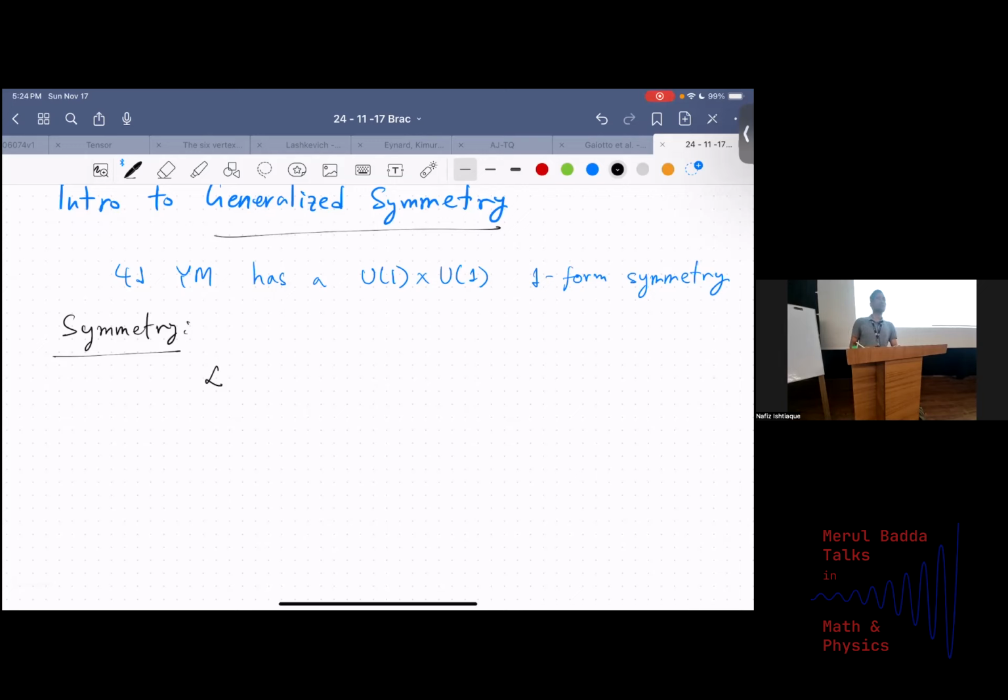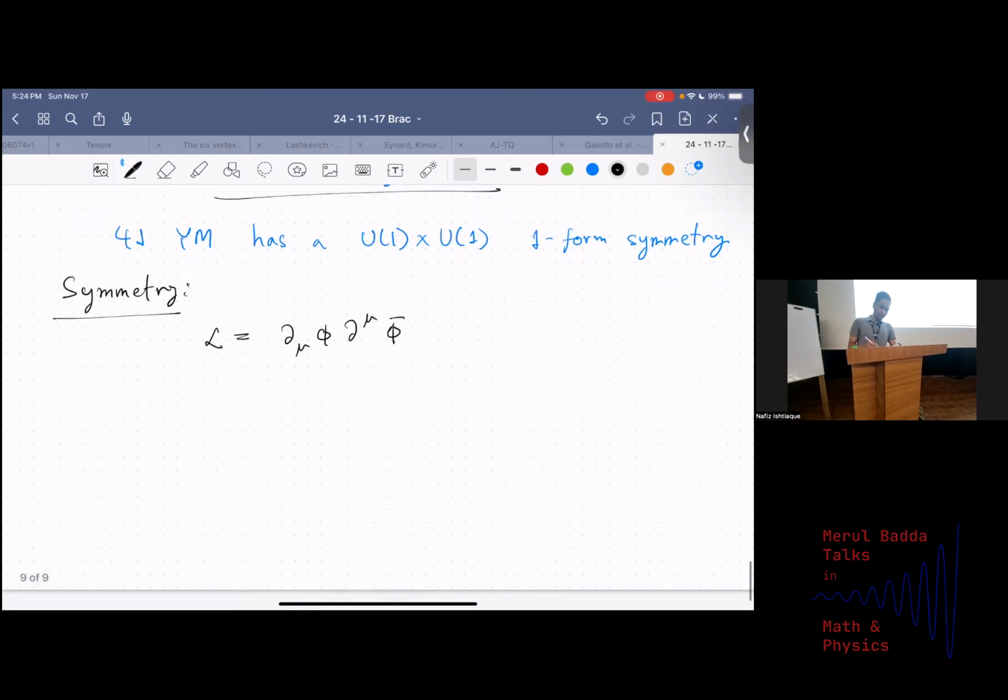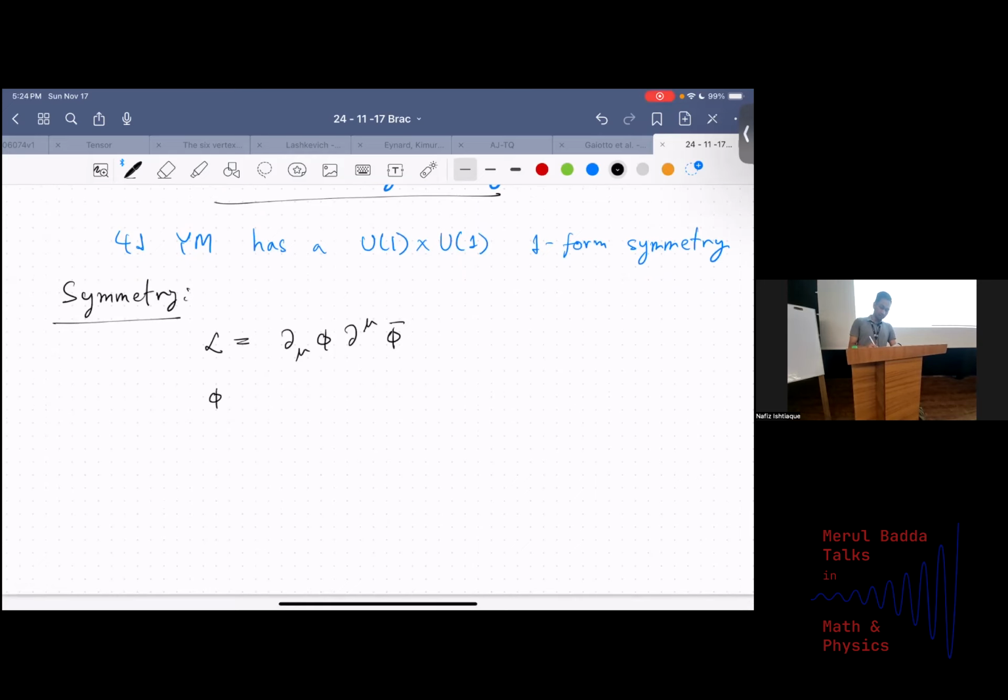You can write down a Lagrangian of free complex scalar fields, where phi and phi bar are complex scalars. This Lagrangian has the following symmetry: you can multiply your fields by an arbitrary phase, and the Lagrangian does not change. This is what I mean by an ordinary symmetry.